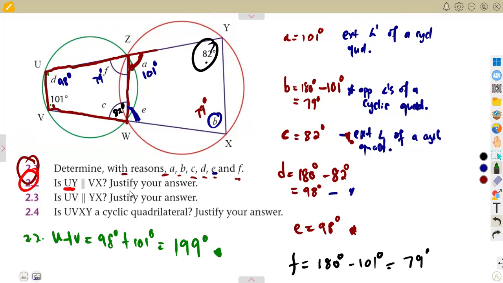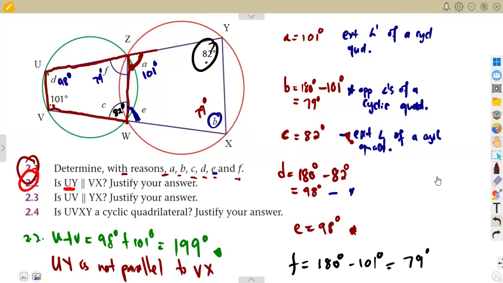So therefore, these two lines are not parallel. You can also prove it with X and Y. If you add X and Y, it is not going to give you 180. So U to Y is not parallel to VX.